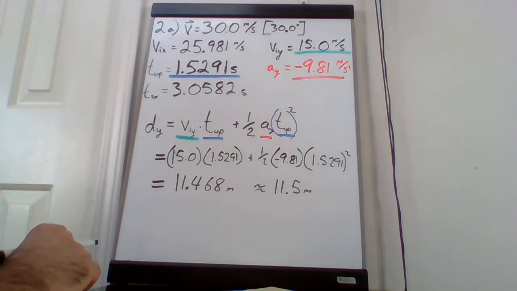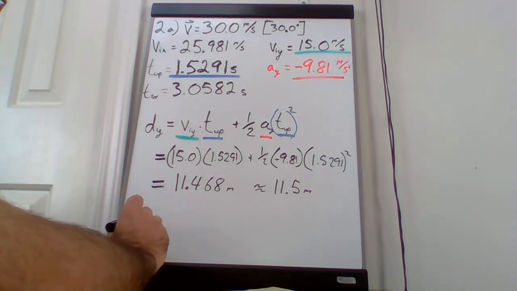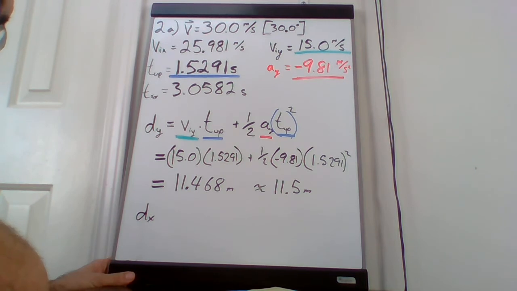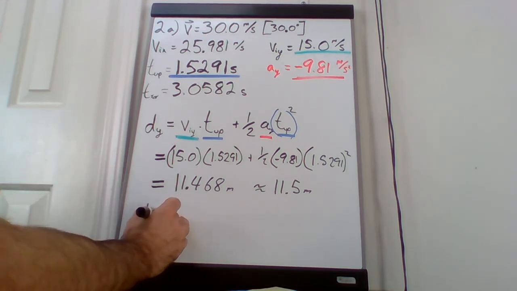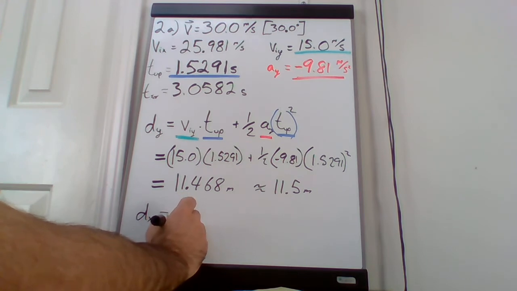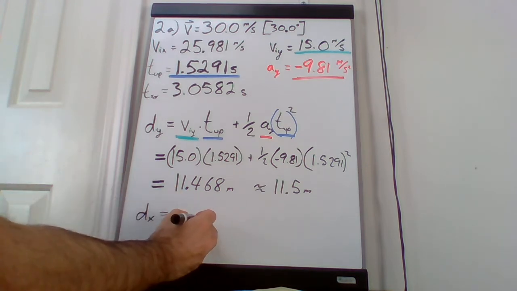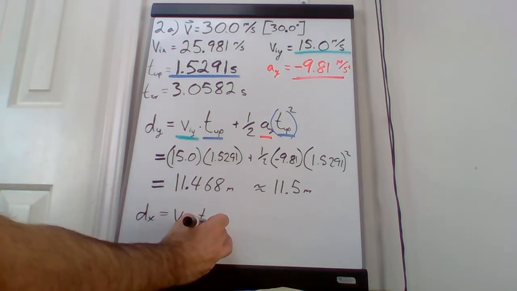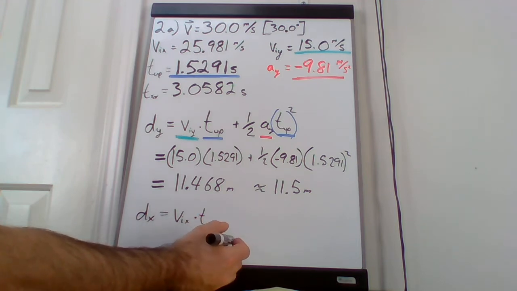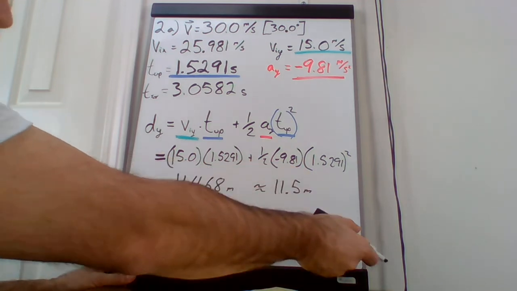The last question on there is to figure out the range. Okay, so this is our x direction, so we're looking at that displacement in the x direction. And because we have constant velocity, our distance here is just going to be that Vix, that velocity in the x direction at the initial, multiplied by the t total. Okay, it goes up to the peak and comes back down.